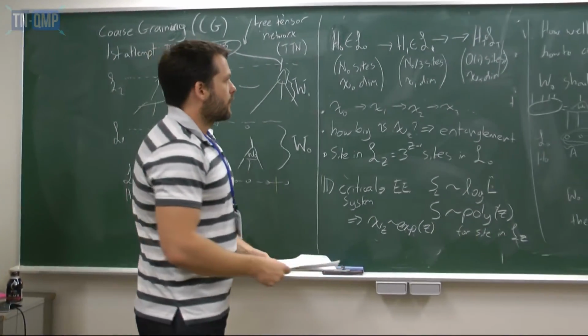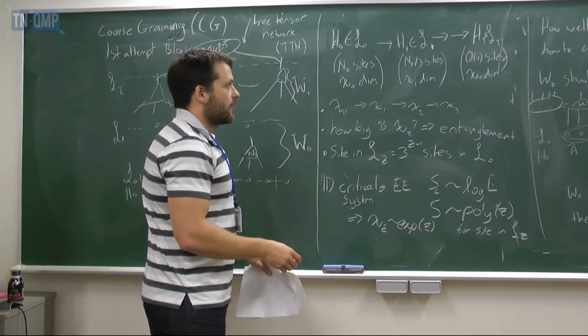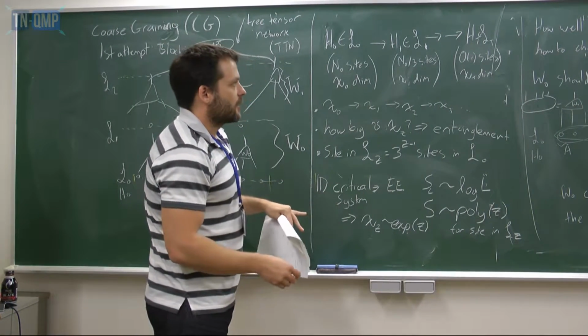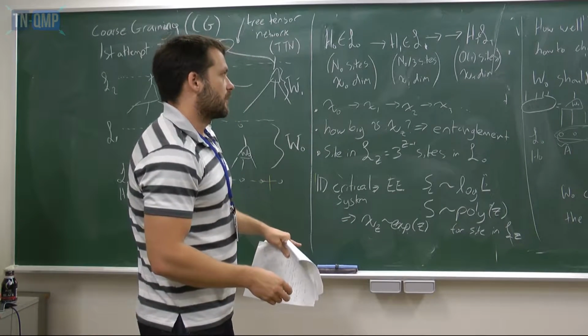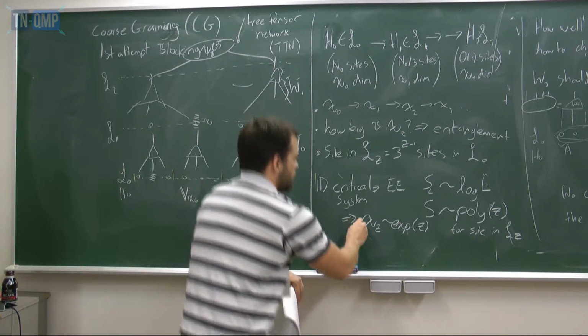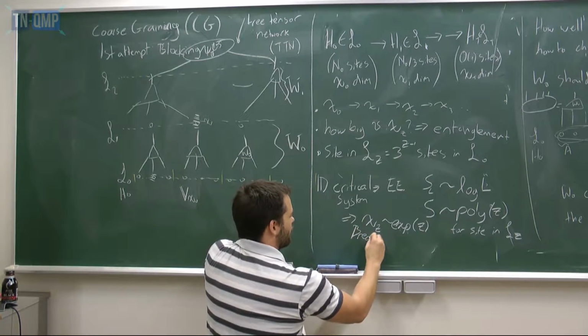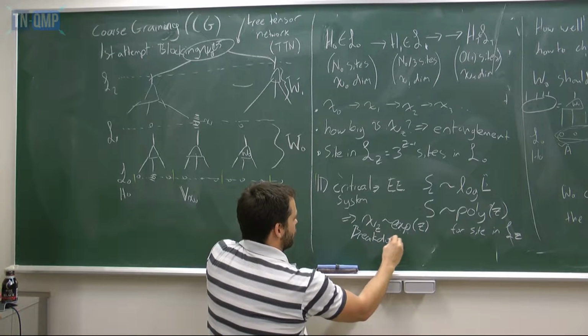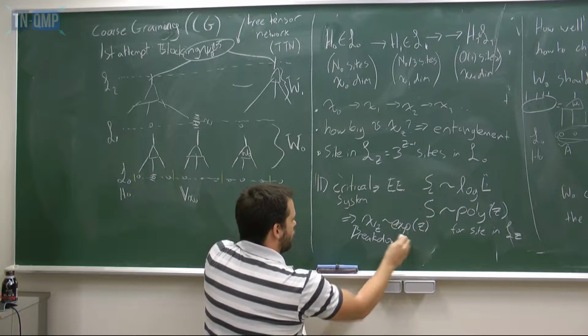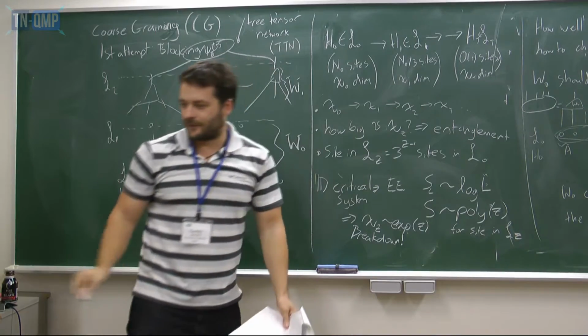So what I would say here is that this represents some kind of breakdown in the RG flow at criticality. So this is a very bad thing.